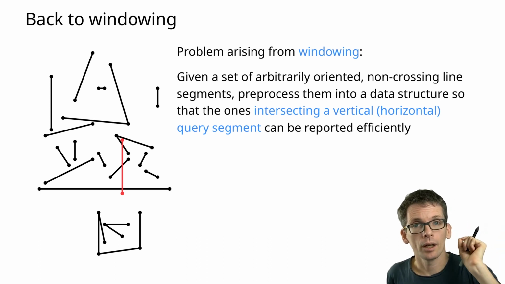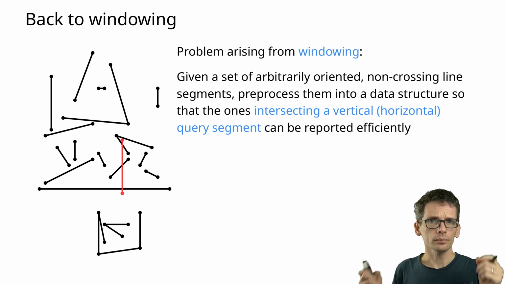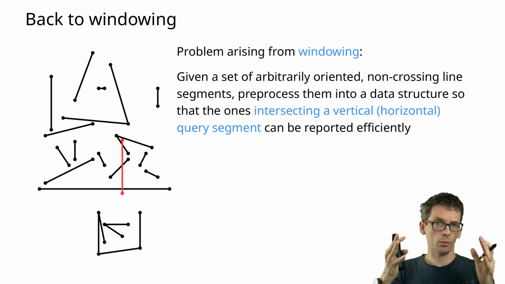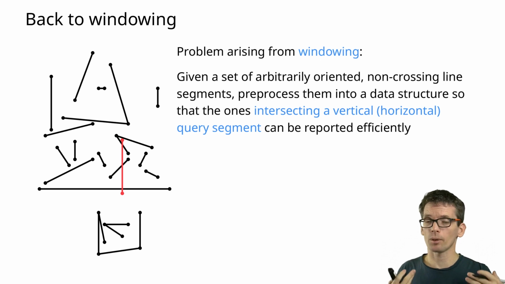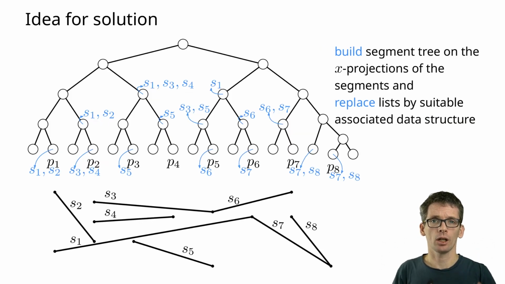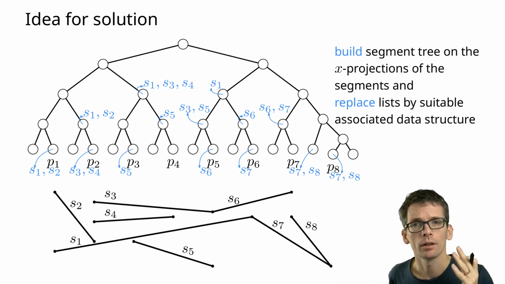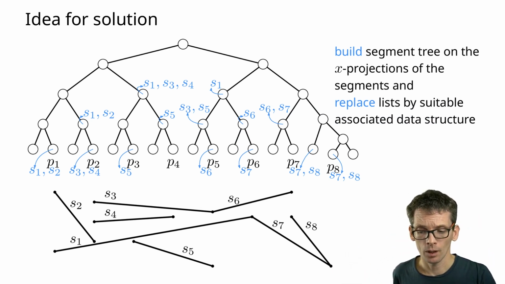And in preparation, what we've seen are segment trees. So the main data structure here will be segment trees, and then we just have to think about what we use as associated data structure. So that's our setting here. We have our 2D segments.